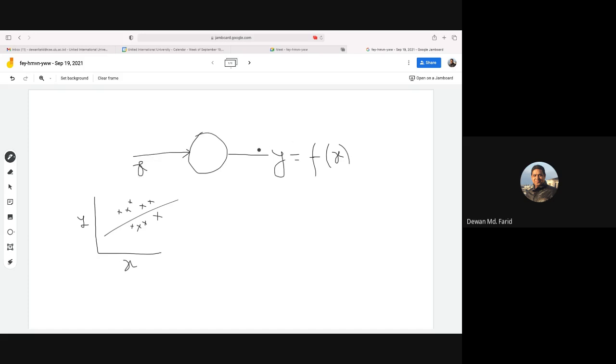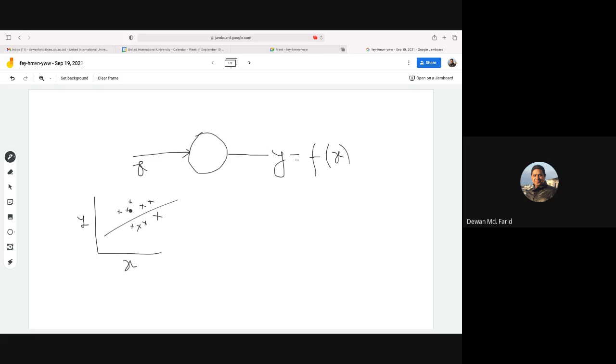If it is training data, then we can train this neuron, and when we are satisfied that the neuron is trained, we can use this line or this neuron to predict the new examples or new data points for x.